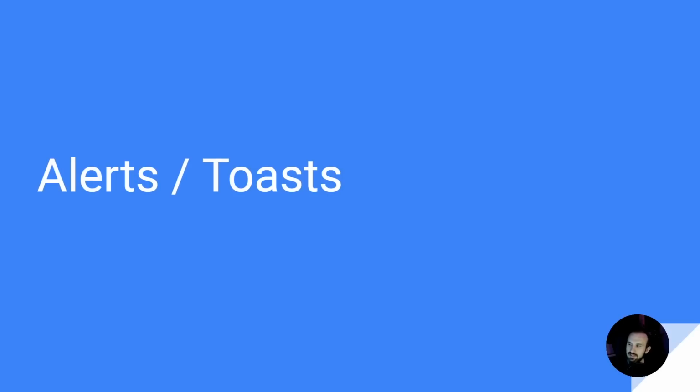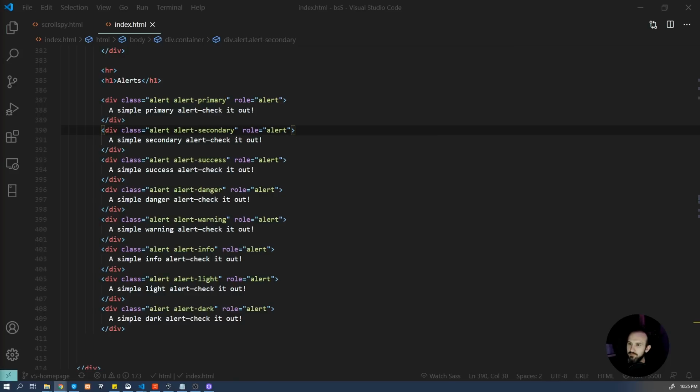Another very interesting and very useful components are alerts and toast, and don't get confused by these names, because they are kind of misleading. So let's have a look what we are talking about. So as I mentioned, Bootstrap offers you two different components. The first is alert.